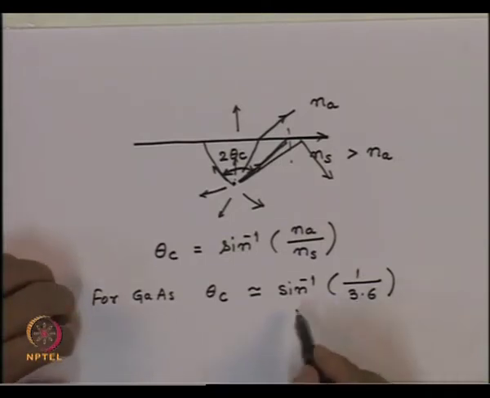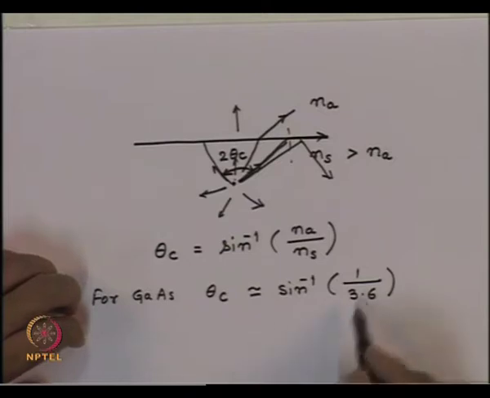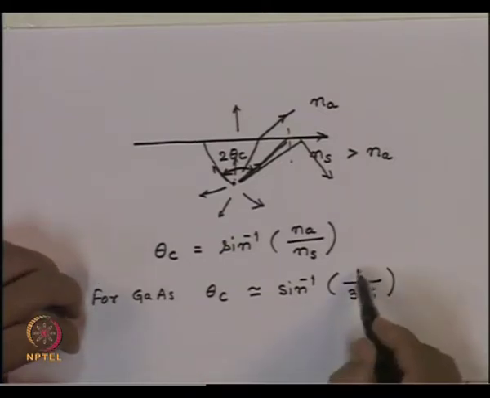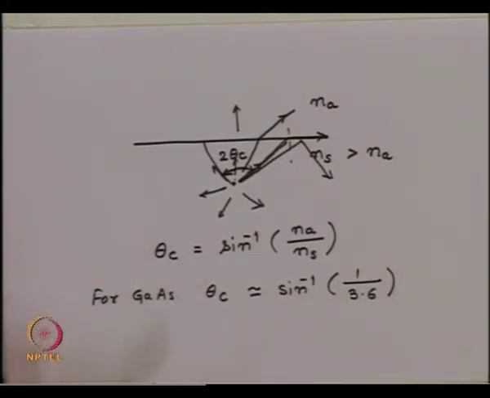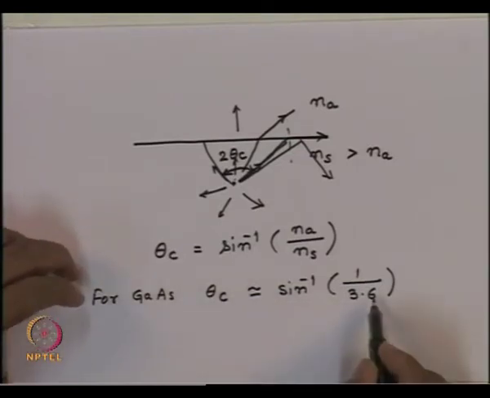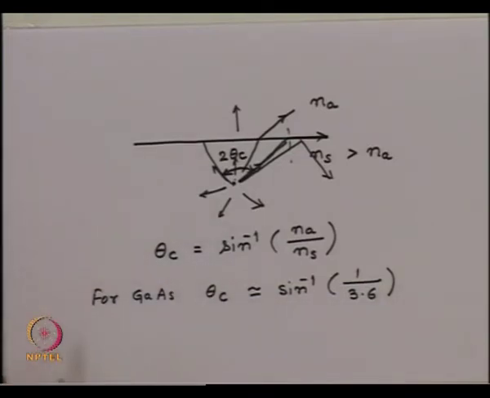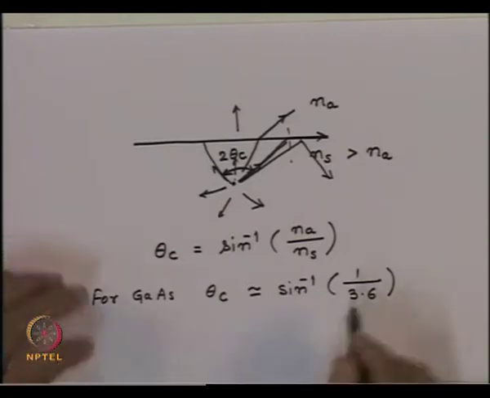So, if I take approximately this quantity, let us say 4, so 1 upon 4, theta c will be of the order of about 15 degrees. If I take accurately, it will be about 18 to 20 degrees.